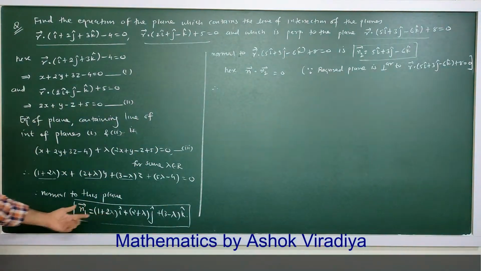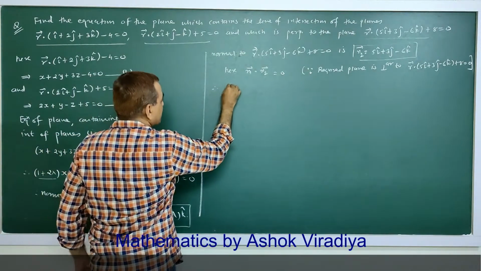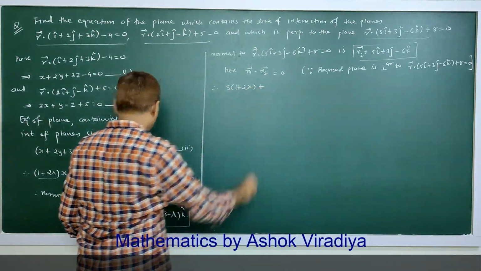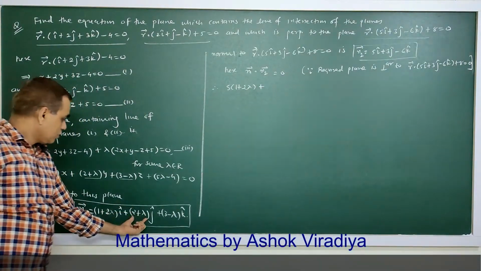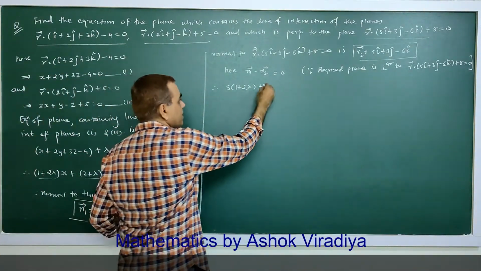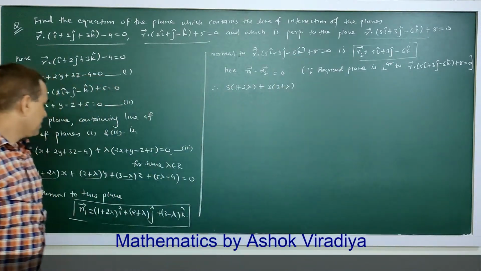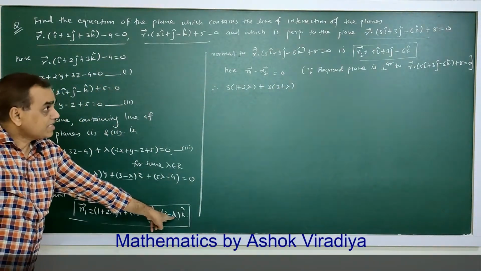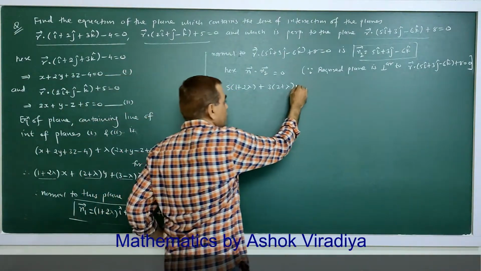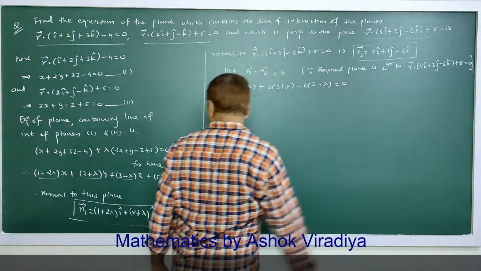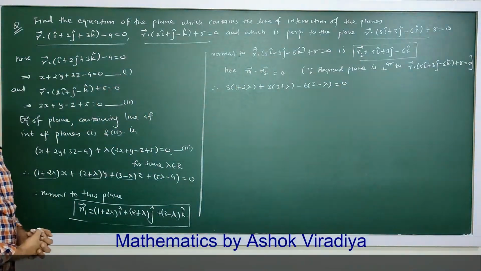So see, 1 plus 2 lambda into 5, that is 5 into 1 plus 2 lambda, plus 2 plus lambda into 3, that is 3 into 2 plus lambda, then 3 minus lambda into minus 6, so minus 6 into 3 minus lambda, this is 0. The dot product is 0.